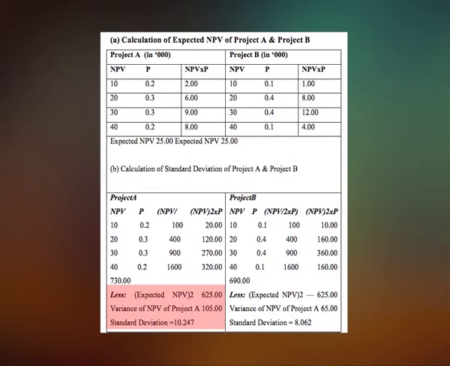Variance of NPV of project A is 105, then standard deviation is equal to 10.247.